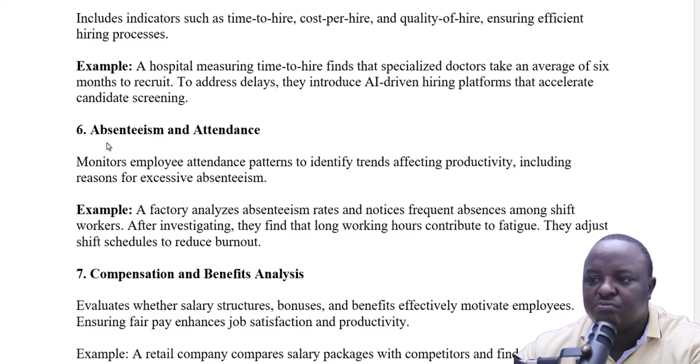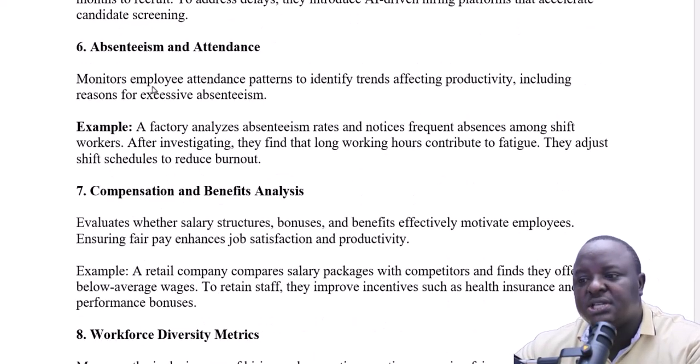Then another metric is absenteeism and attendance. This monitors employee attendance patterns to identify trends affecting productivity, including reasons for excessive absenteeism. So we need to assess why employees are not coming to work.